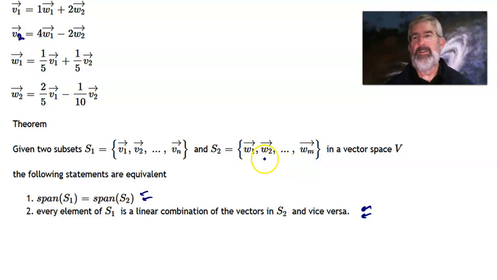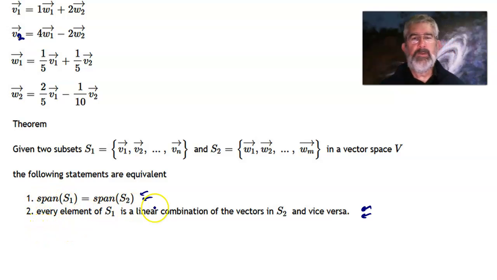So v1 has to be a linear combination of the w's, likewise for v2 and so on. And likewise in the other direction, each one of these is in the span of S2, but if the span of S2 is the same as the span of S1, then each one of these is a linear combination of those. So the proof of 1 implies 2 is pretty straightforward.